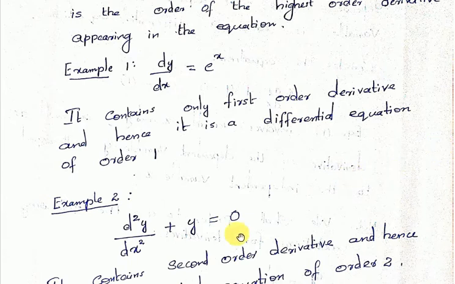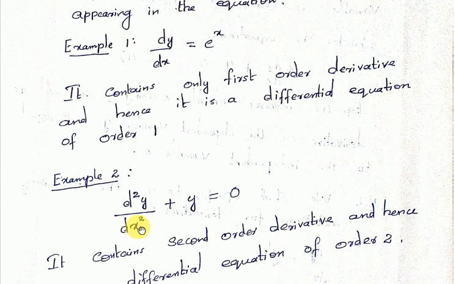Consider example 2: d square y by dx square plus y equals 0. See here, what is the difference? It has a second order derivative, that means d square y by dx square. Two times we are finding the derivative of y with respect to x, and in such a way we get d square y by dx square.